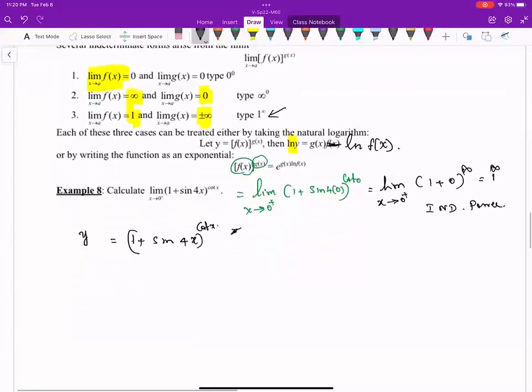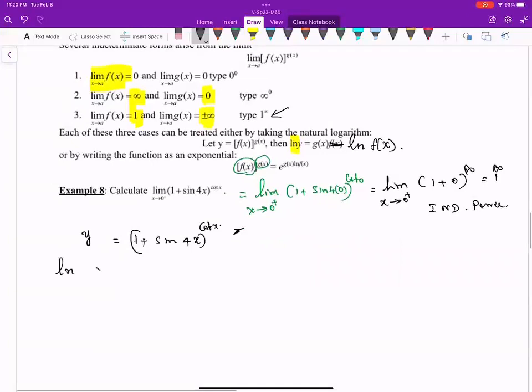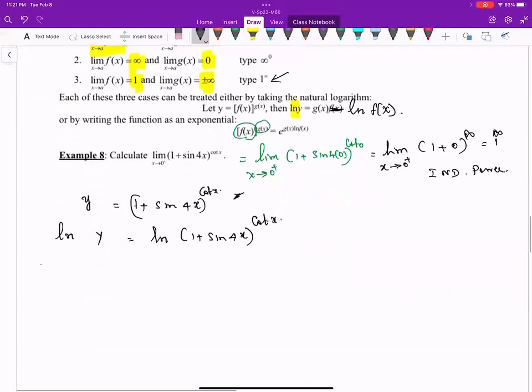So take ln on both sides. So ln of y equal to ln of (1 plus sine of 4x) to the exponent cotangent x. So ln of y equal to cotangent x times ln of 1 plus sine of 4x.